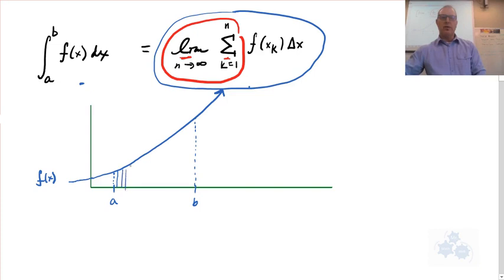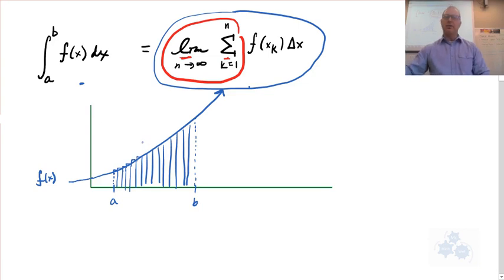So we can draw a bunch of rectangles here, and we talked about LRAM and RRAM and MRAM and TRAM, which was the trapezoid. But if we have a collection of rectangles like this, we can guess what the area underneath the graph is by adding up the areas of all of the rectangles.